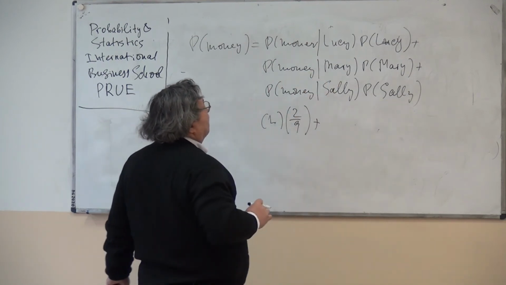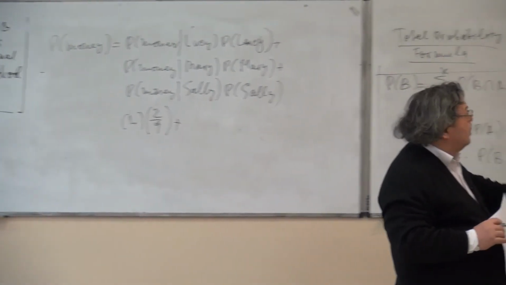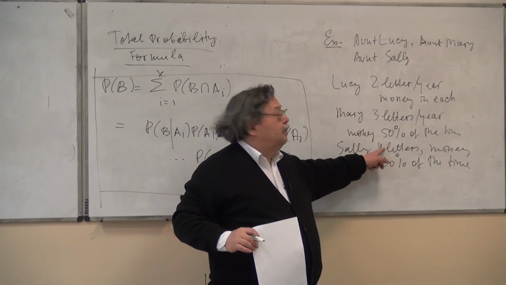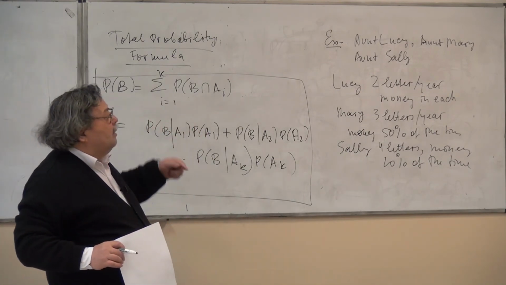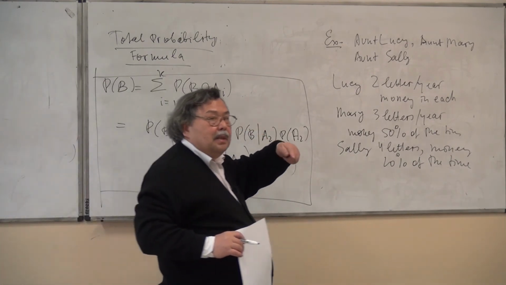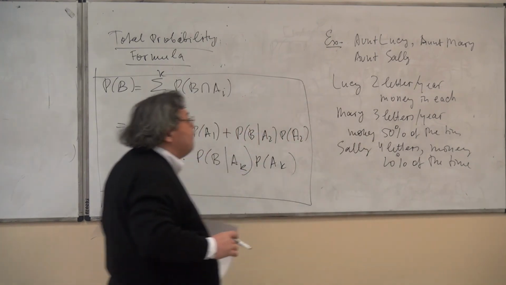For this other aunt, the conditional probability is 0.5 because only 50% of letters from Aunt Mary contain some money. And what's the probability that this particular letter comes from Aunt Mary? It's 3 over 9.